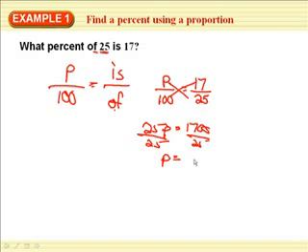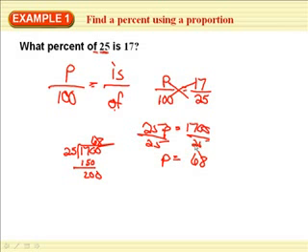P equals 1700 divided by 25. $1.50 is 6 of them, right? So it'd be 150. 6 quarters is when I say 6 of them. And that would be an 8. Ooh, that would be 68. So if you got a 17 out of 25 on something, you would have a 68%.